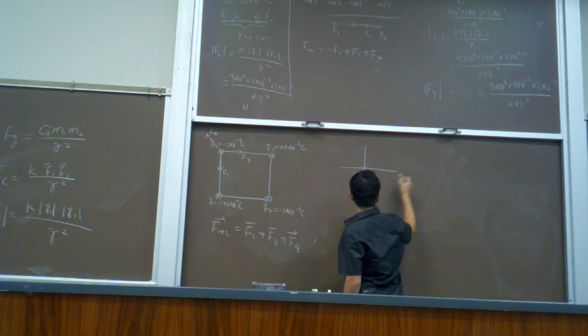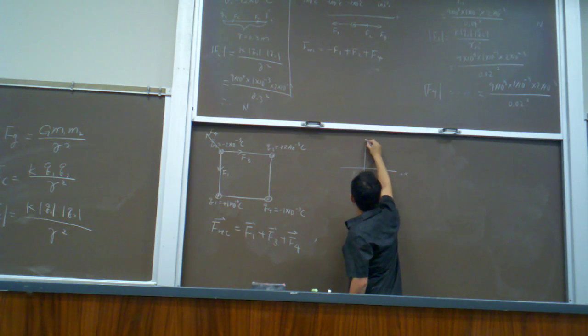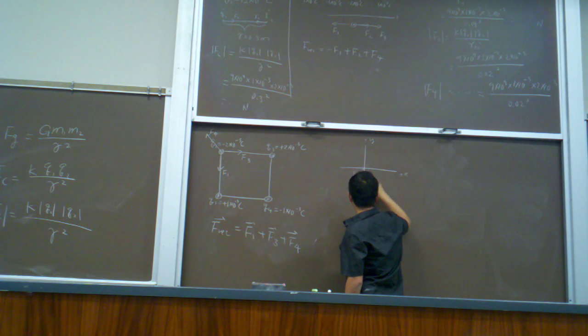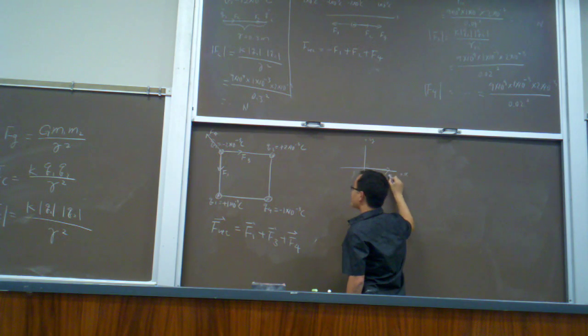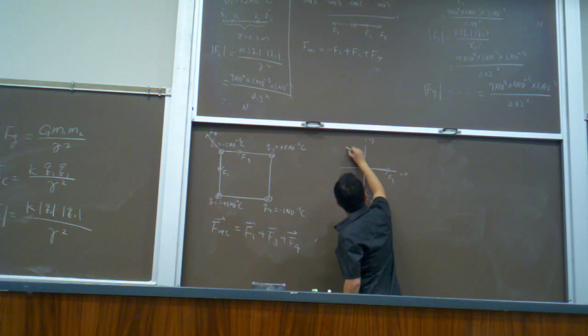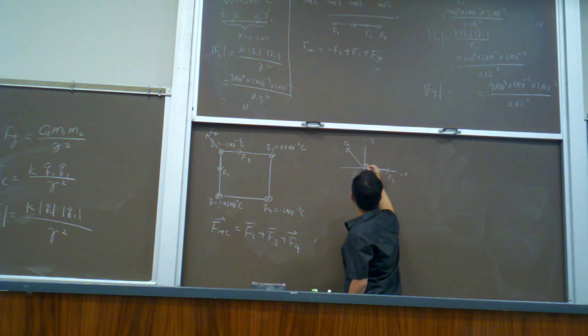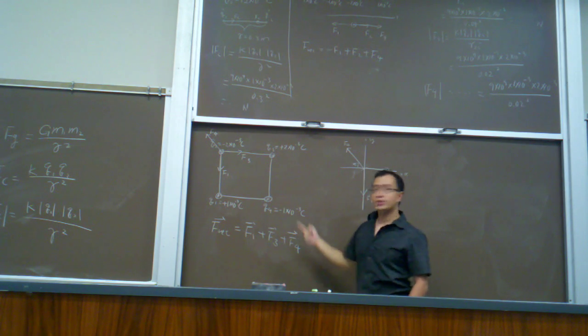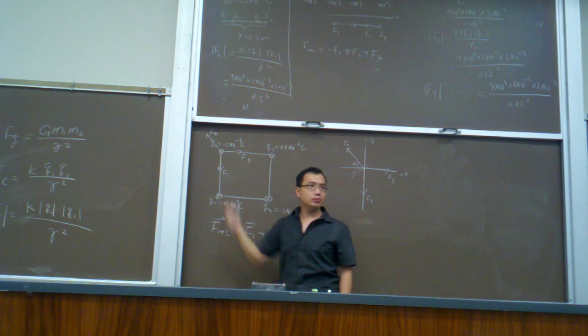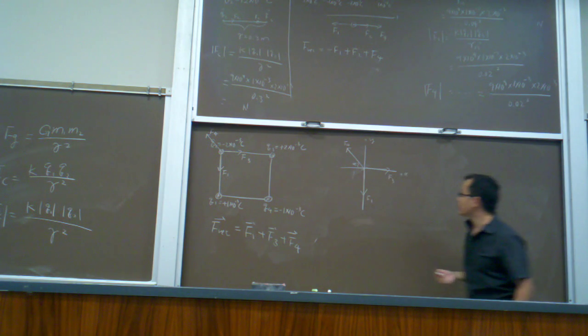Establish some coordinates like this. And then F1 is here, F3 is here, and F4 is here at a 45-degree angle, because this is the diagonal direction. Any question here?